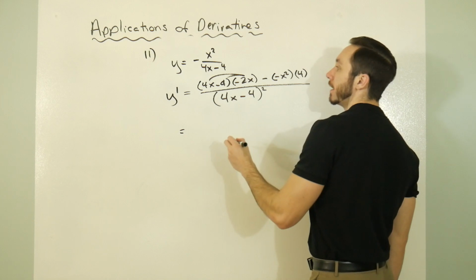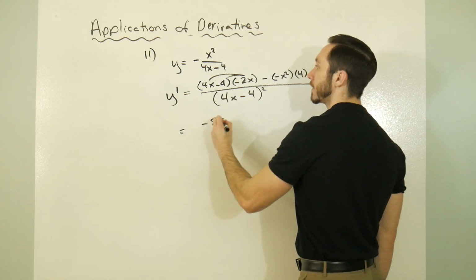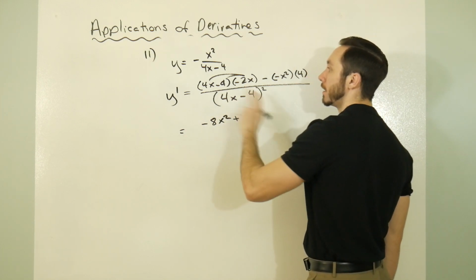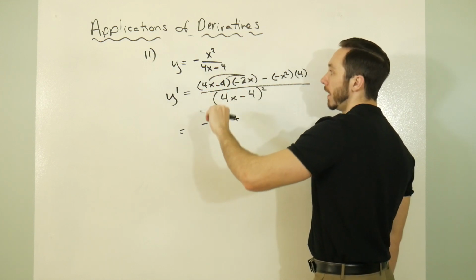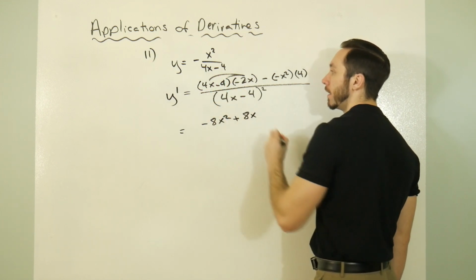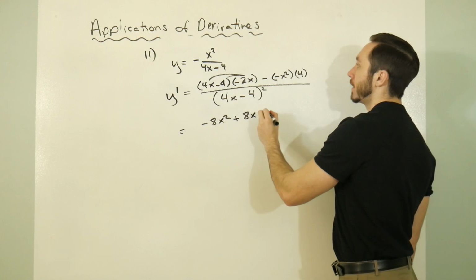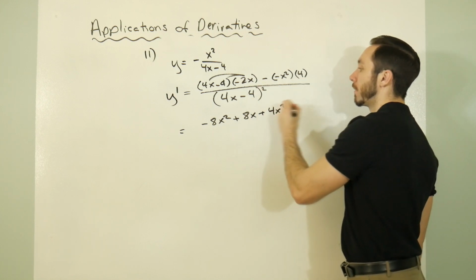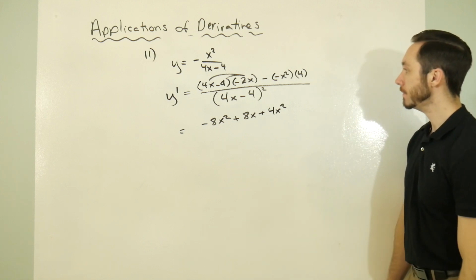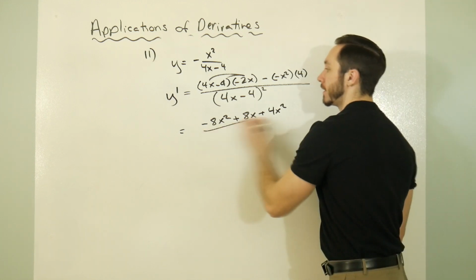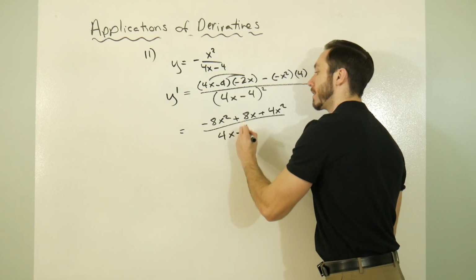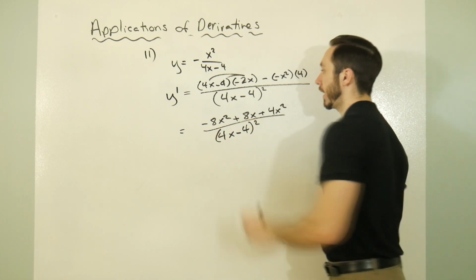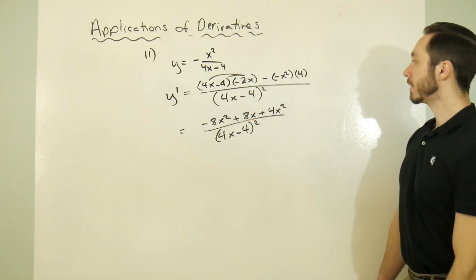So distribute that guy in. We end up getting negative 8x squared plus 8x. And then at the very end here, we are going to add 4x squared. All right, and then down in the denominator, I don't feel like touching that. I won't do that until I have to, and maybe we can get away with not.